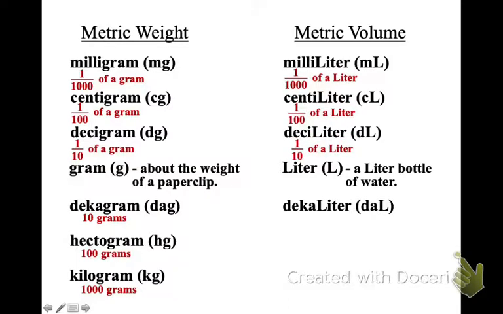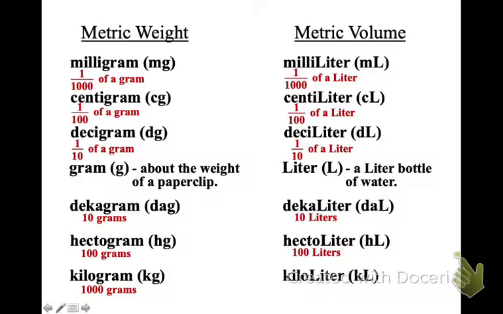And then a decaliter is 10 liters. Hectoliter is 100. And kiloliter is 1,000. Okay? So when we're using the metric system, everything's based on the gram, the liter, or the meter. Meter is distance. Gram is weight, dry weight. Liquid weight, volume, is in liters.